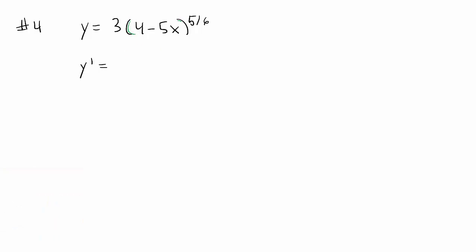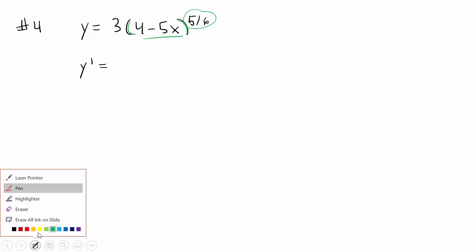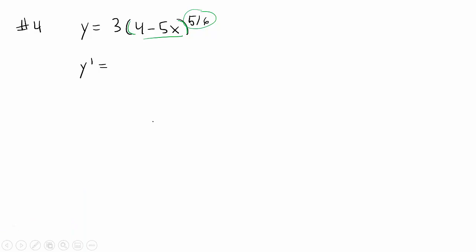You have the inside function, which is the 4-5x, and you have an outside function, which is that outside exponent of 5/6. So you're going to have to use chain rule. Chain rule tells us we're going to take the derivative of the outside first, keep the inside, chain on the derivative of the inside. This 3 here is a constant multiple. That's just going to stay here.